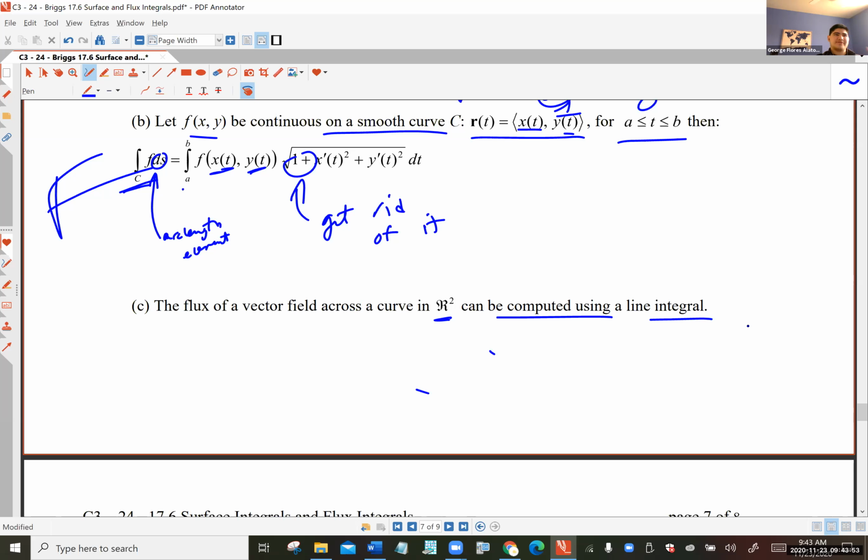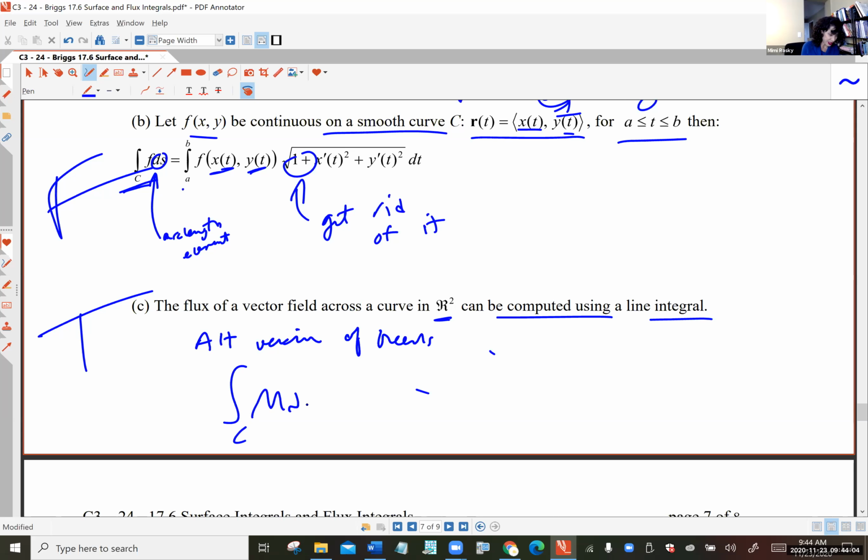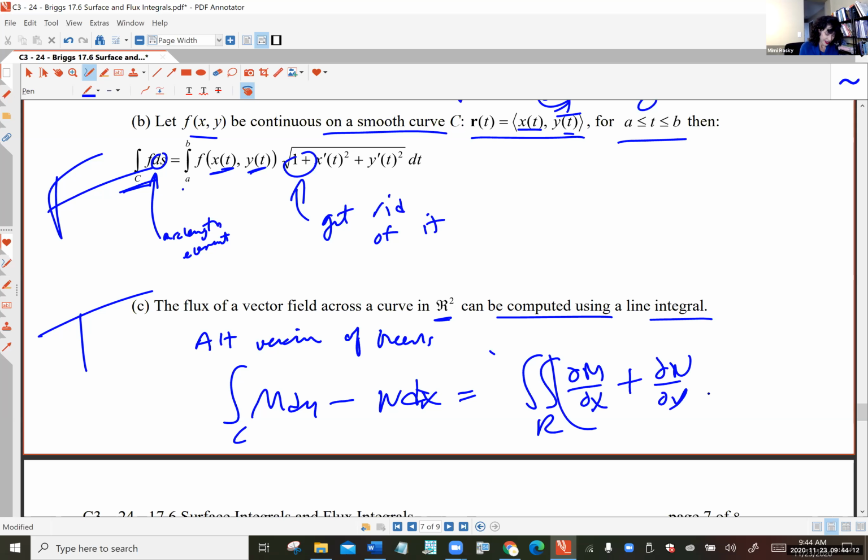I'm not totally sure, but I have a feeling, yes. True, we just did it. It's the alternate version of Green's, which says if you're doing M dy minus N dx, that's equal to the double integral of (dM/dx plus dN/dy) dA. And that gives you flux across a curve in 2D. Okay, so that's a true statement.